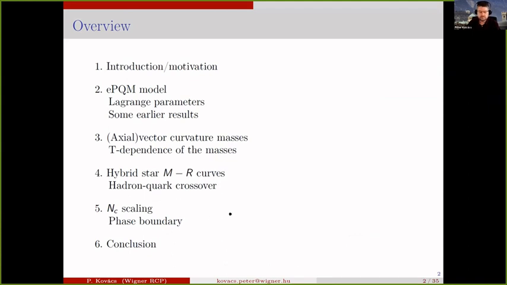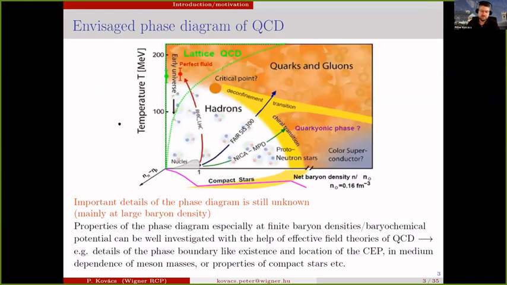First, a little bit of motivation. As you already know, this is the envisaged diagram of QCD at finite temperature and densities, and we would like to investigate different properties of it. One thing we can take for quite sure is that at zero density, from lattice, we know there is a crossover along the temperature line.